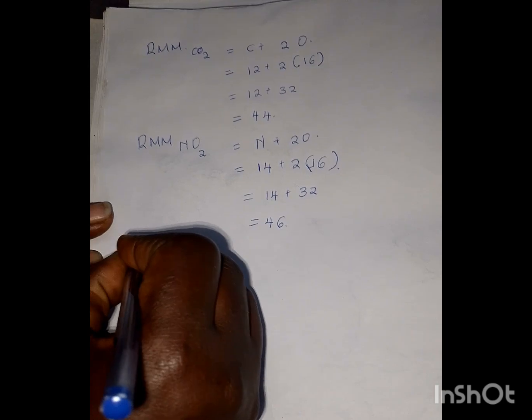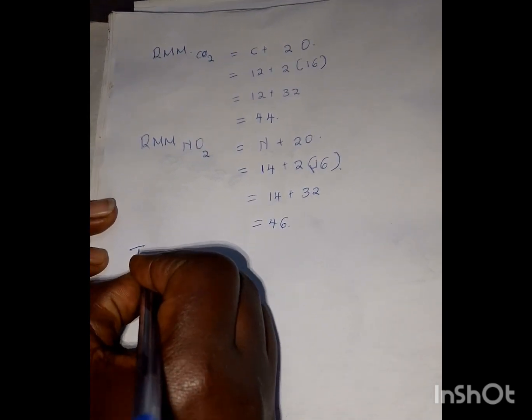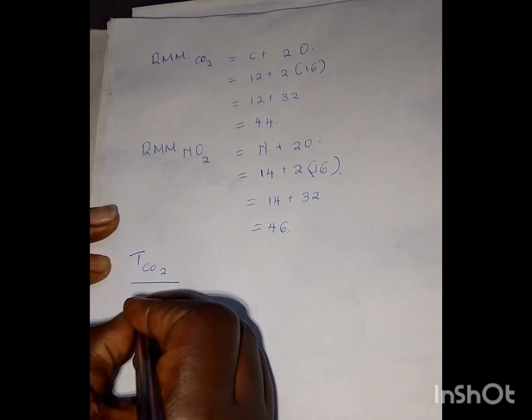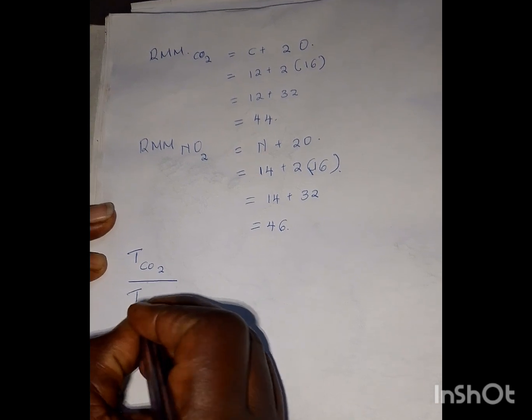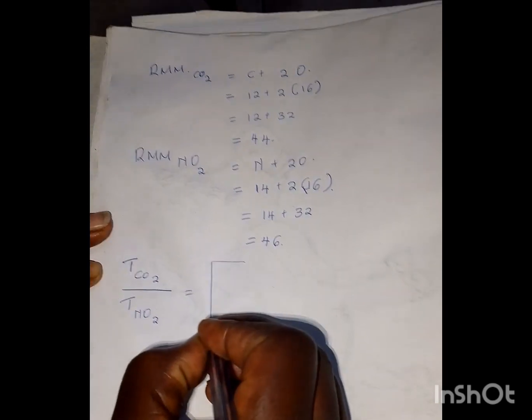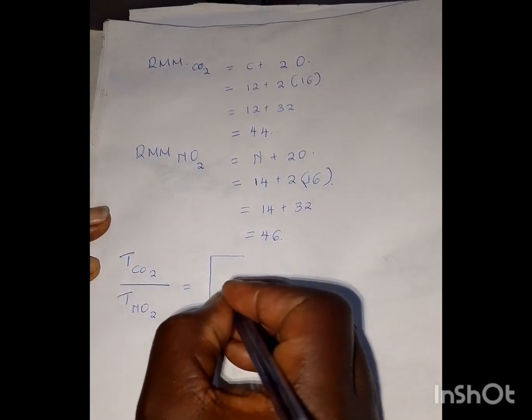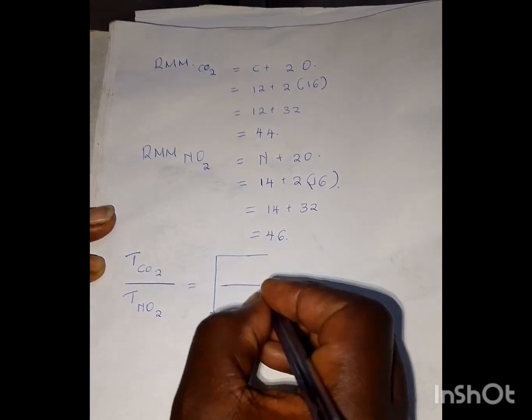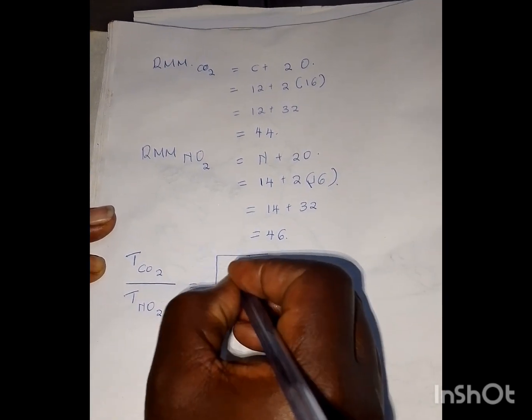So the time of diffusion of carbon dioxide over the time of diffusion of nitrogen dioxide will be equal to the square root of their relative molecular masses.